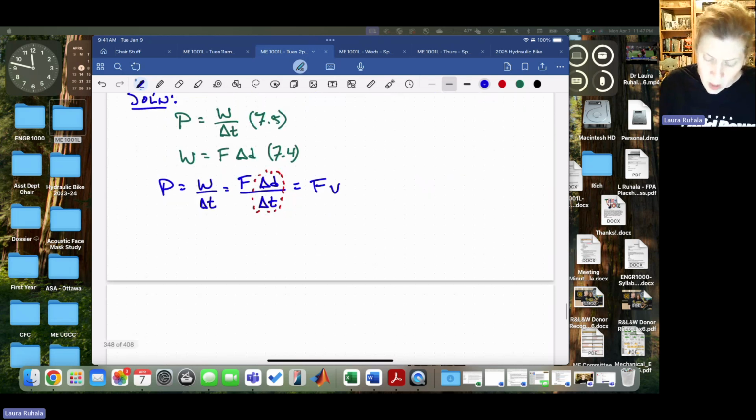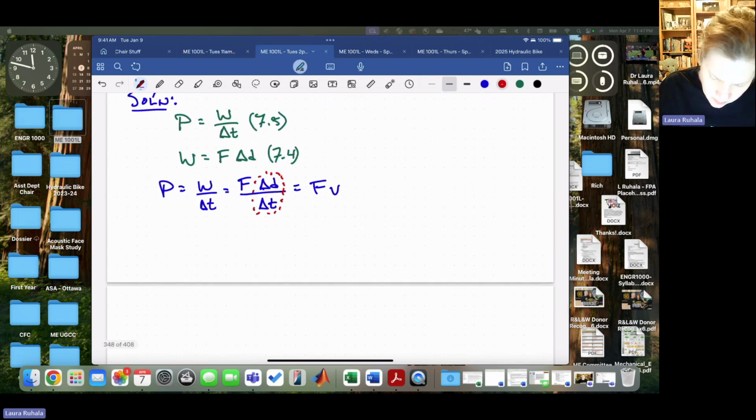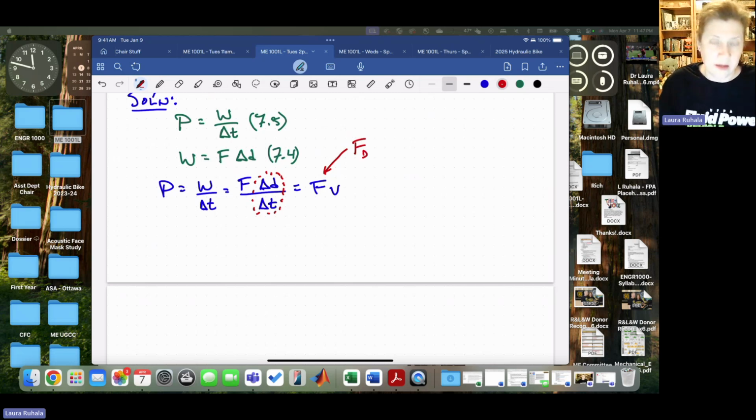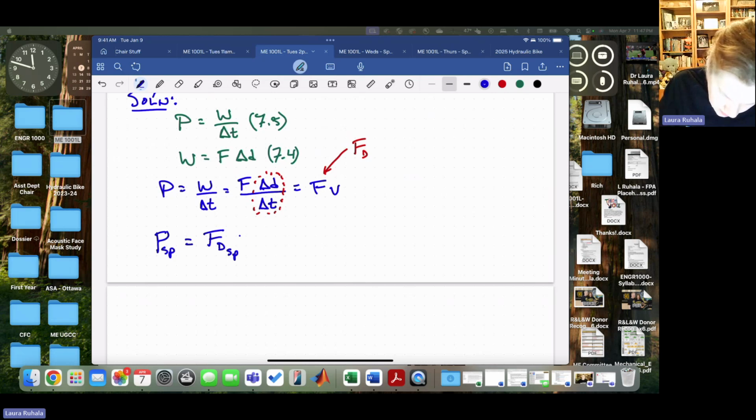So we need to take the force times the velocity. Not difficult. Oh, and in this case, the force we're talking about is which force? It is the drag force, because we're talking about the drag associated with the air, coefficient of drag and so forth of these two vehicles. All right, so let's go ahead and find the power required for the sports car. That would be equal to the force of drag of the sports car times the velocity.